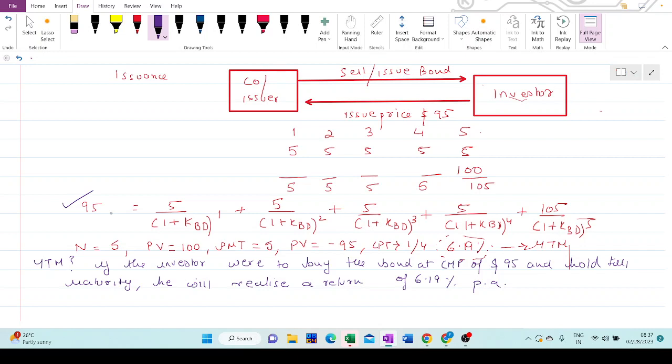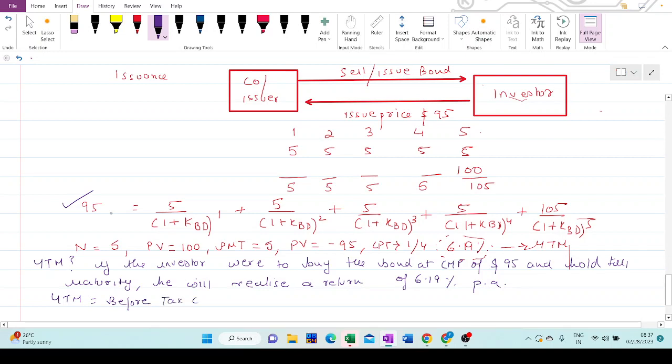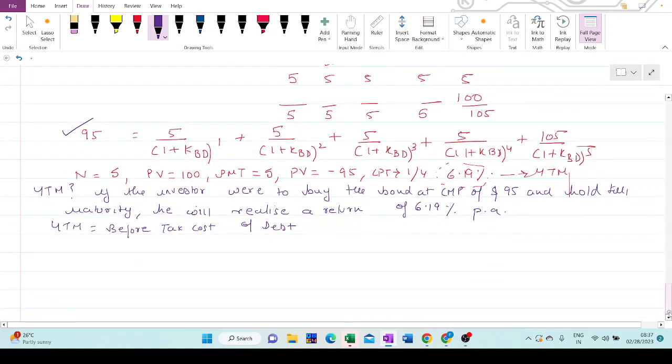And if we speak from the investor's perspective, if the investor were to buy the bond today at the current market price of 95 and hold the bond till maturity, he will realize a return of 6.19%. So this YTM of the bond is the before tax cost of debt.